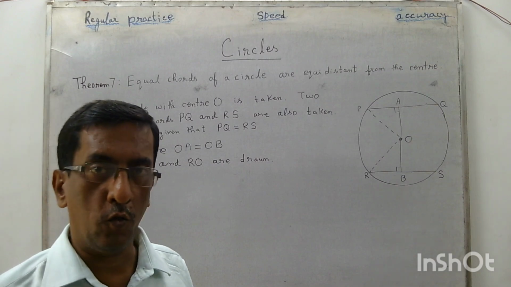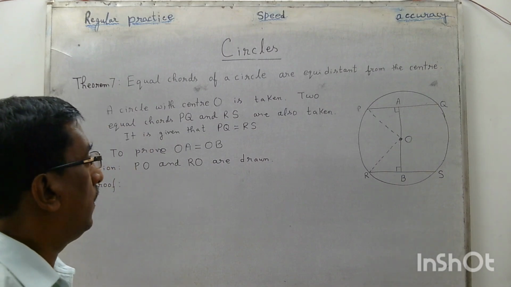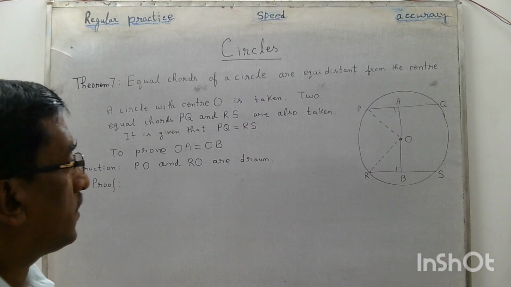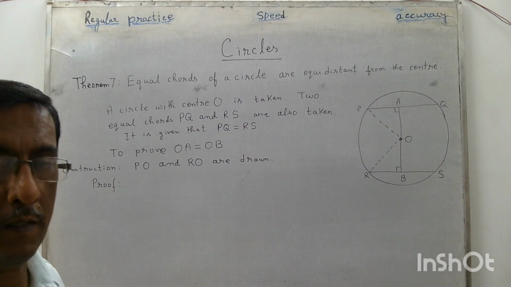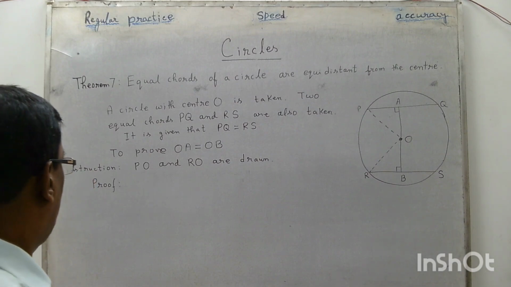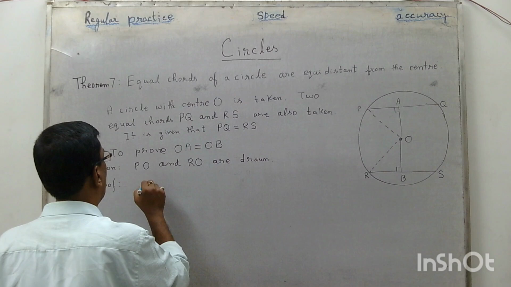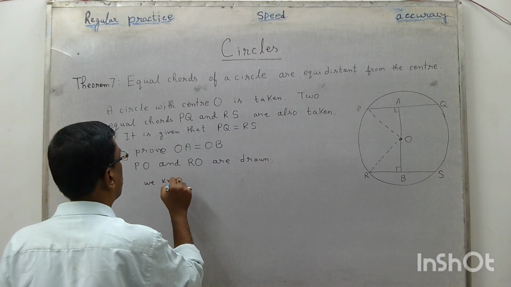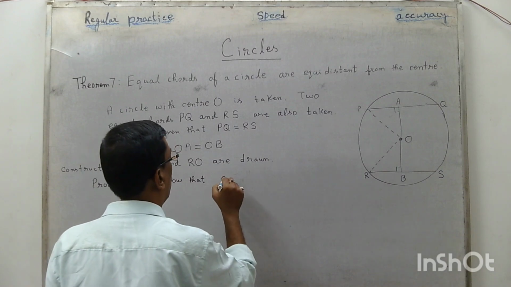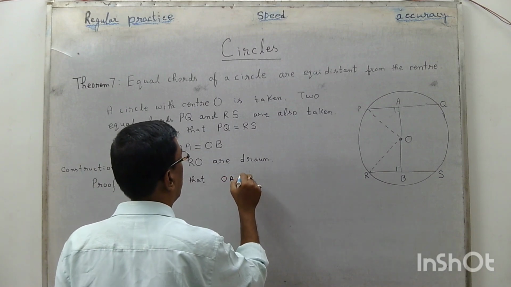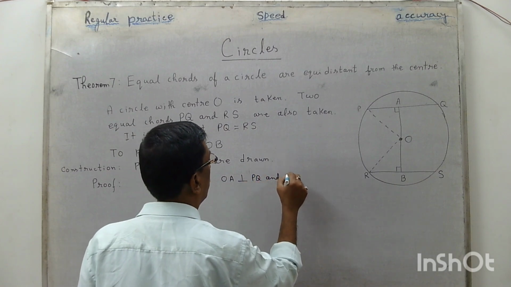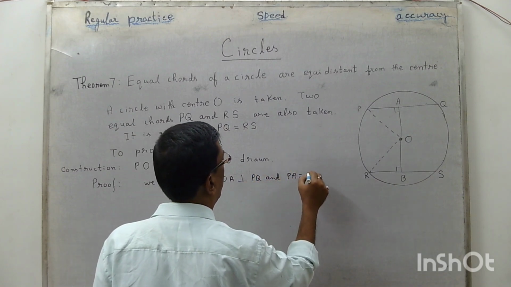As stated in the earlier theorem, when a perpendicular is drawn from the center of a circle to a chord, it bisects the chord. So we know that OA perpendicular PQ and PA equals to AQ.